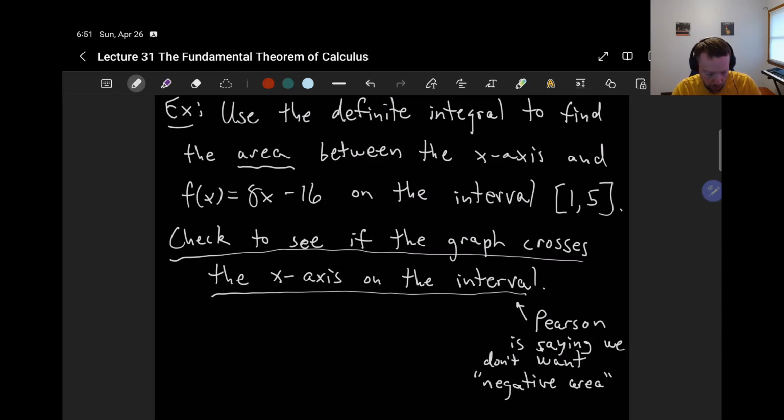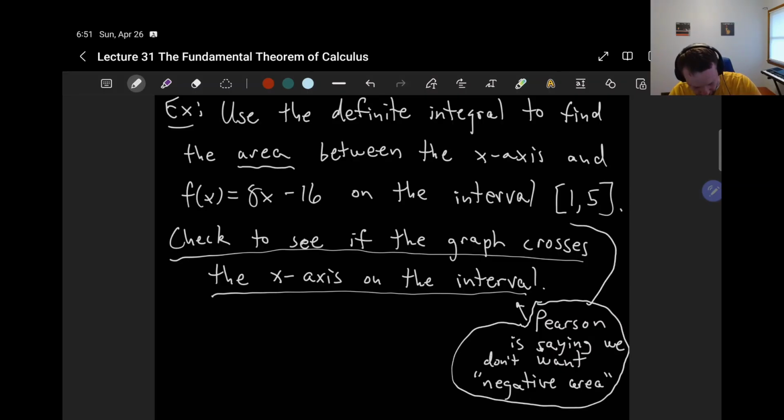So that's where area is technically a little bit different than the definite integral. Just that little subtlety. I'll draw an arrow to area as well here. There's another problem, I think, where it doesn't spell this part out. It says to check to see that it crosses the x-axis, but it says find the area, not find the definite integral. But find the area. And that means you're doing this same thing.